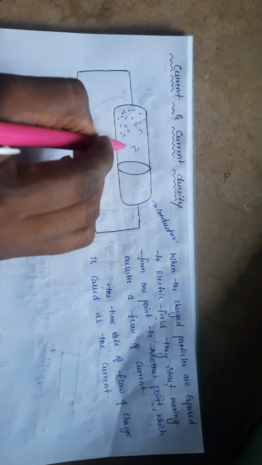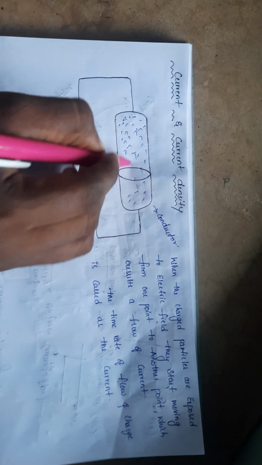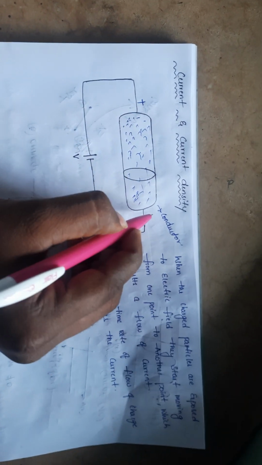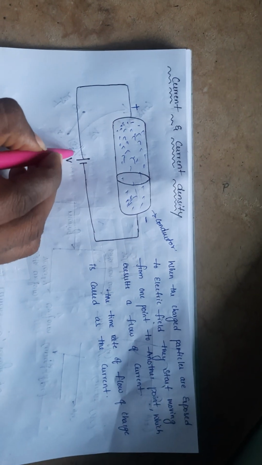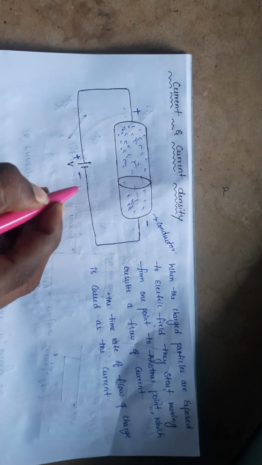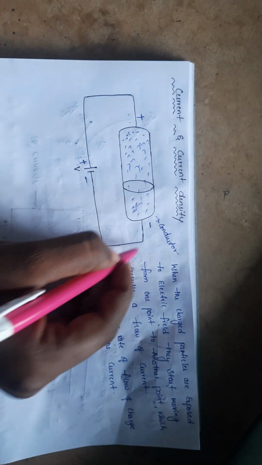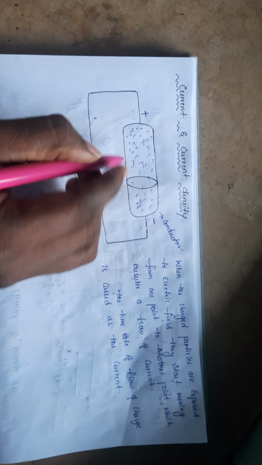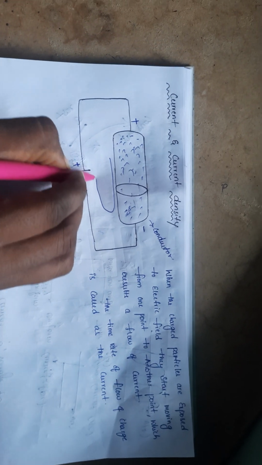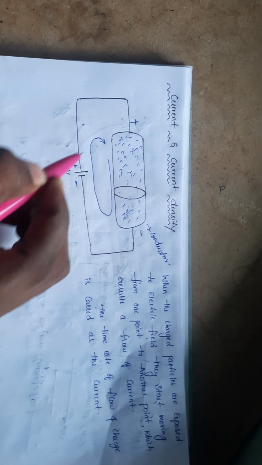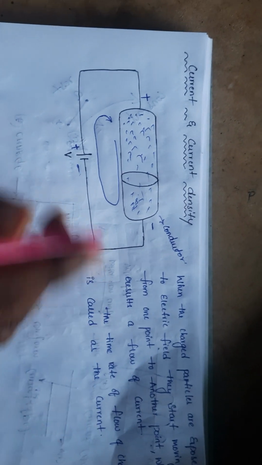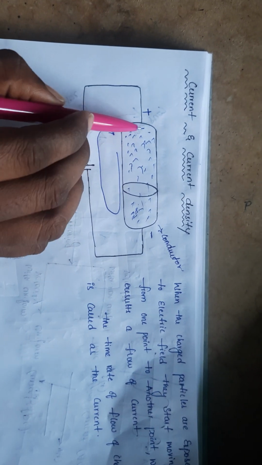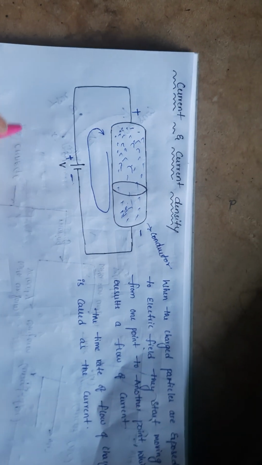Charge particles are like this. This is the positive and this is the negative. This is the voltage source we have given, with positive and negative terminals. So the current flowing is this. Here we know this conductor has an electric field.